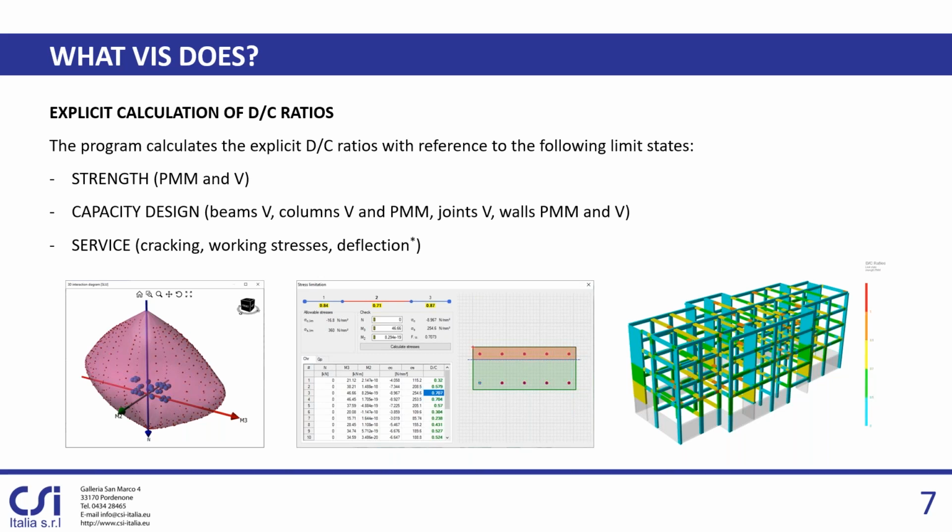We cover capacity design, so we provide demand capacity ratio in terms of shear in the primary beams, shear in the primary columns, check of the weak beam, strong column condition, which is basically the design of the flexural behavior of joints. We also cover the design of the primary joints in shear, and we cover all the prescriptions related to the capacity design of walls, whether they are ductile walls or large lightly reinforced walls, both in terms of PMM and shear.